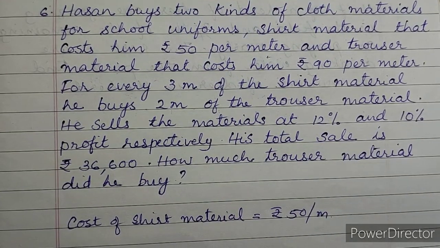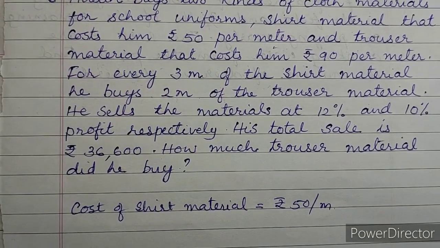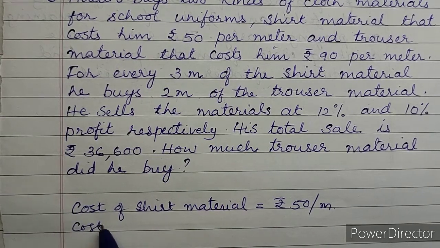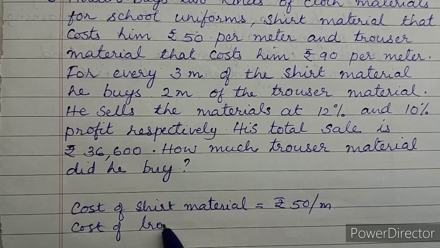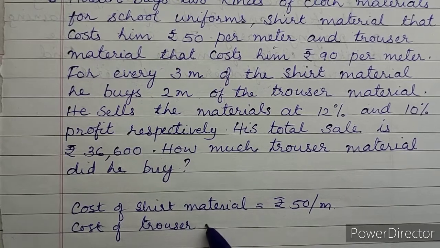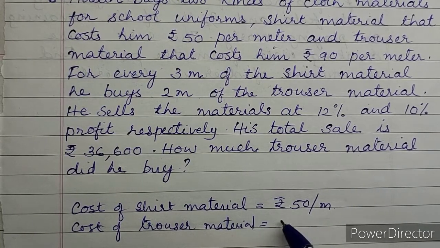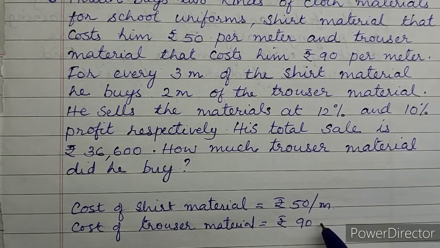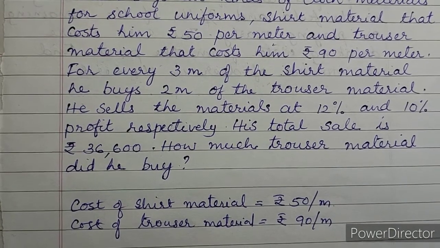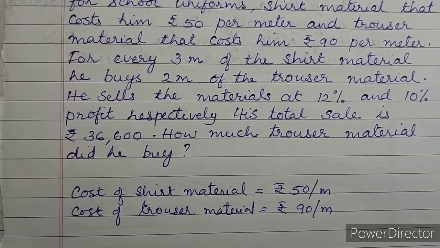So for 1 meter, rupees 50. Next, cost of trouser material equals rupees 90 per meter. So for 1 meter, 90 rupees, like that.